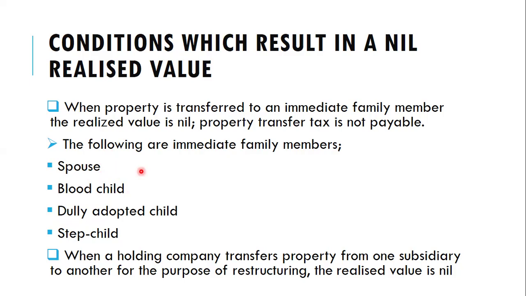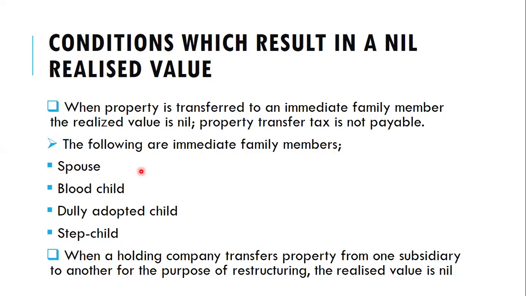So if you see in a question saying ABCD transferred land at an amount of 30,000 to the son for passing grade 12, when you just see that, you know that's a transaction which results in a nil realized value and the property transfer tax is not paid.